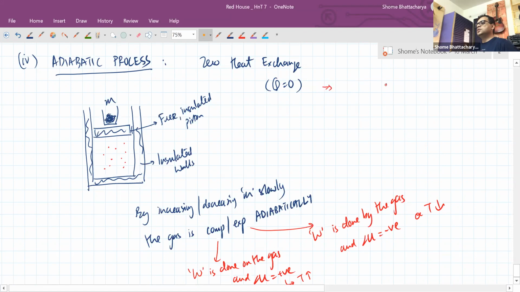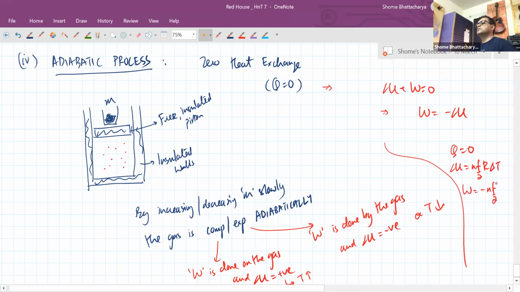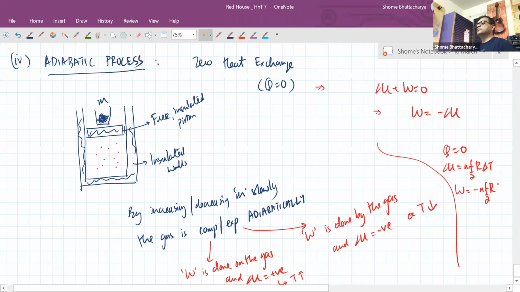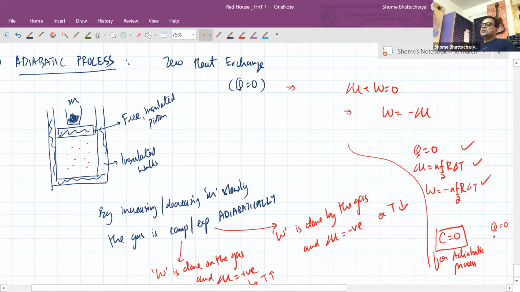So Q equal to 0 means delta U plus W is 0. And molar specific heat capacity is 0 for an adiabatic process, because Q is 0 but delta T is non-zero.